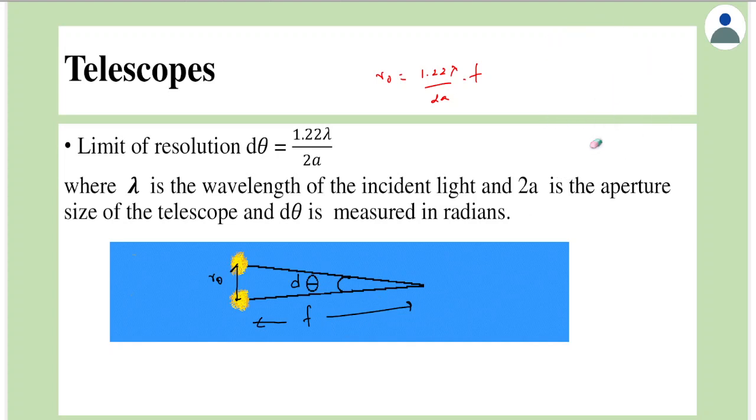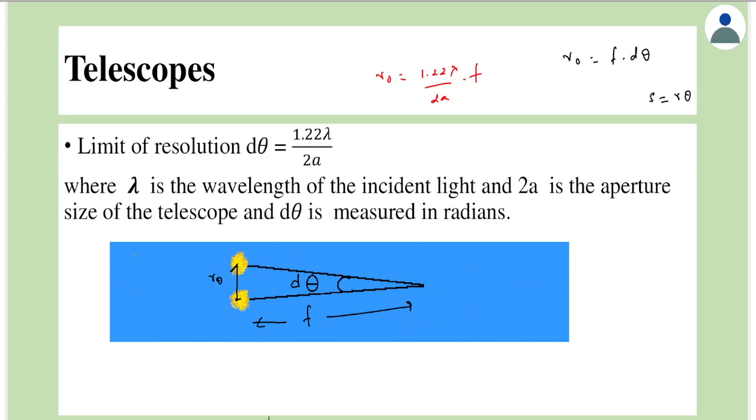So putting that here, we can say r naught would be equal to, rather it's not r naught into d theta, it's like this, f into d theta, because recall the arc length is equal to radius into the angle made. That has been used here.